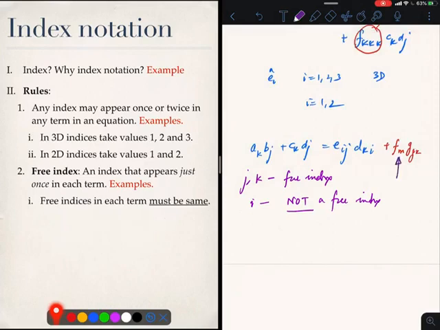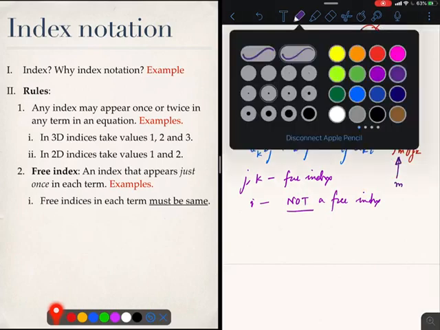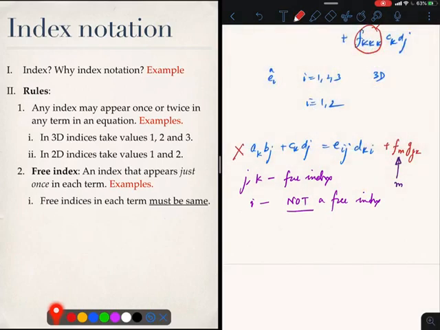In this term, m is a free index, but m does not appear here, here or here. So therefore this now becomes a wrong equation because of this.